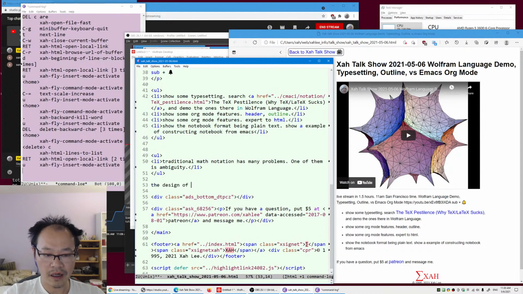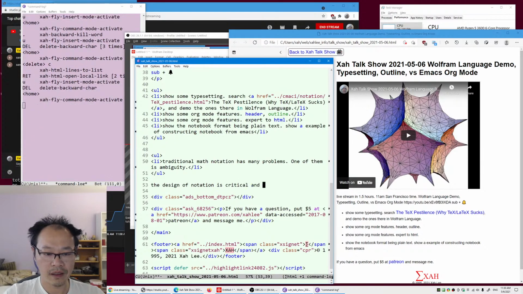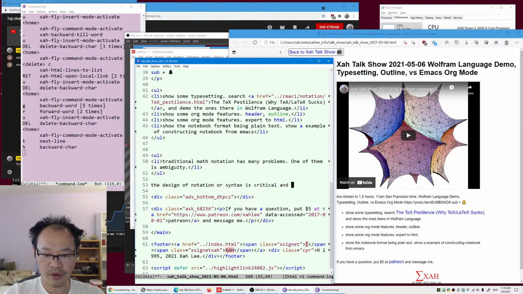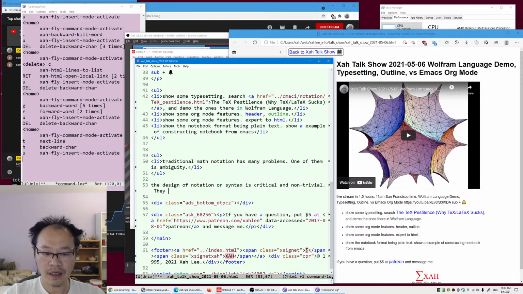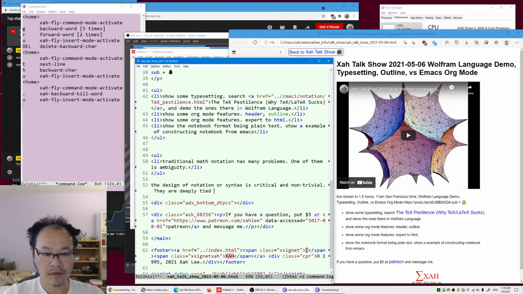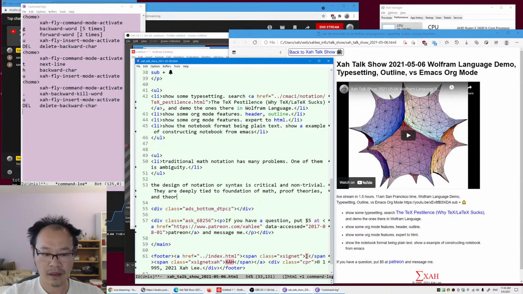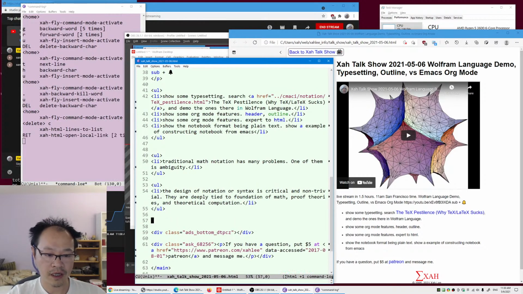The design of notation or syntax is critical and non-trivial. They are deeply tied to the foundation of math, proof theories, and theoretical computation. Okay, that's the second point.